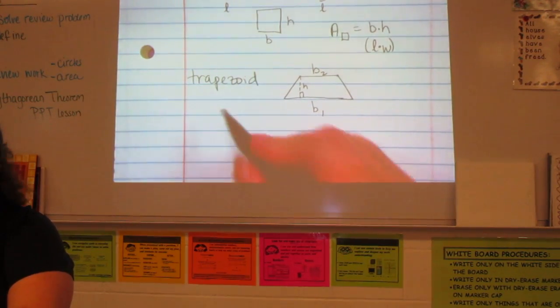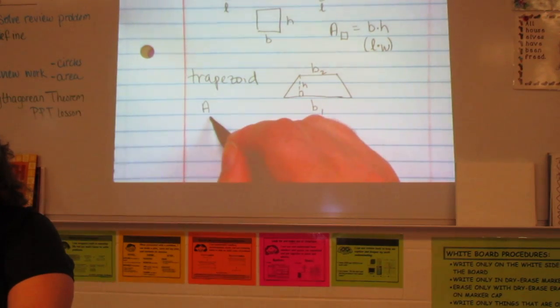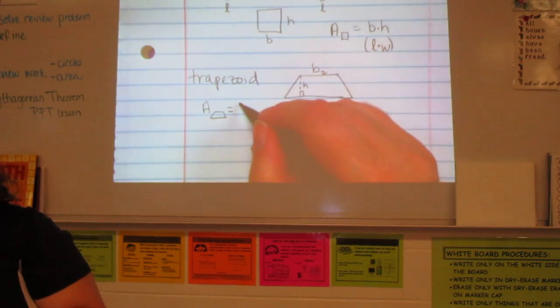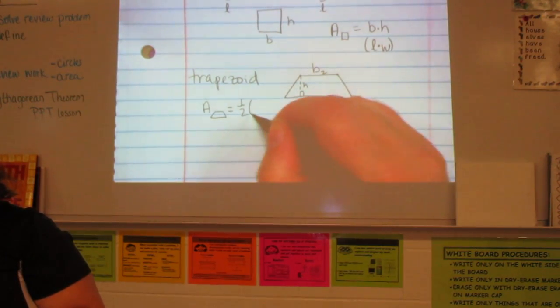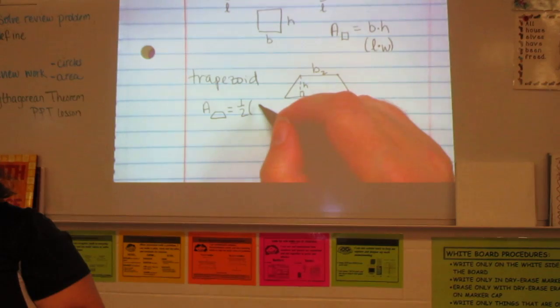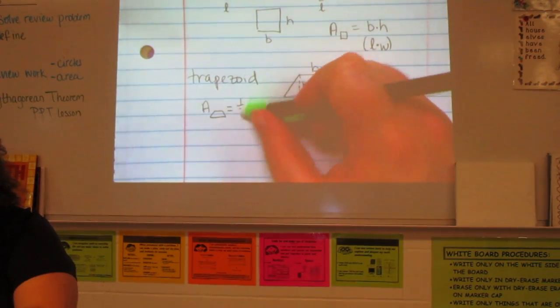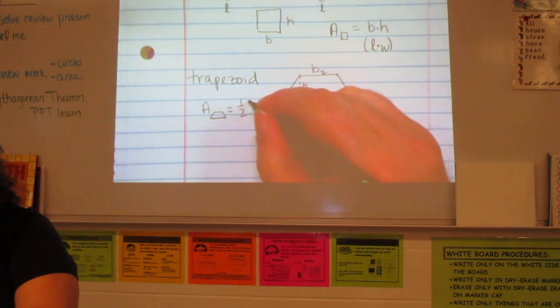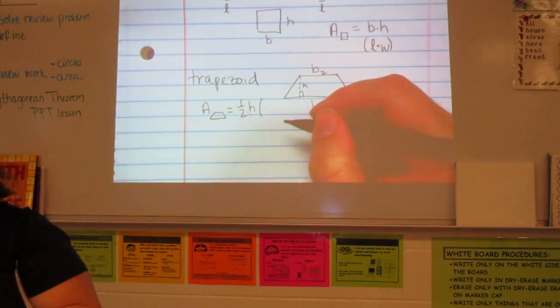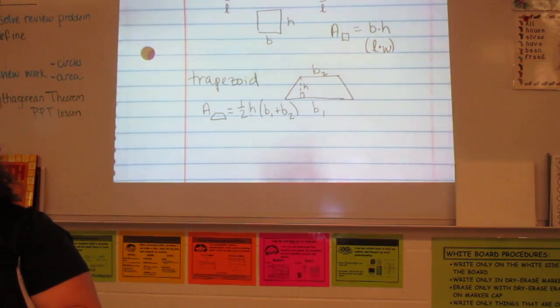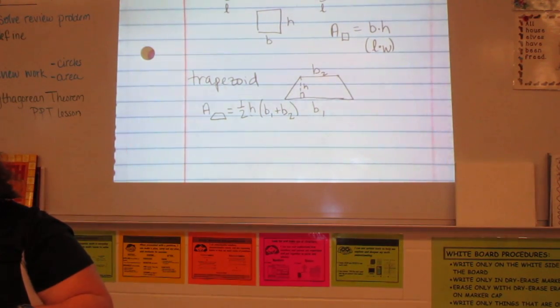Your area of a trapezoid, A for area, is half of the height times the sum of both bases. And so the area of a trapezoid is half of the height times the sum of both bases.